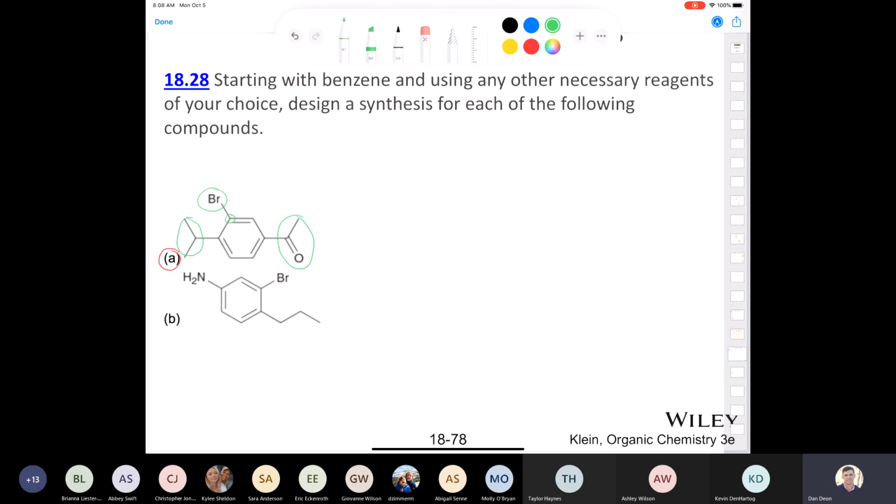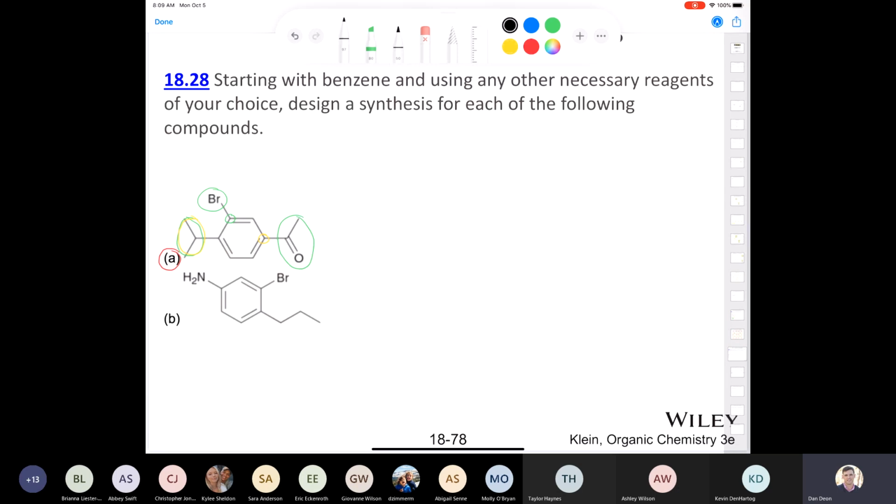Remember that if we were to try to add the acyl group first, which we can do, you can add an acyl group to a benzene ring, that's going to be meta-directing, okay? So that's not going to direct the isopropyl group to the correct position. Whereas if we flip it around, and if we install the isopropyl group first, that is ortho-para-directing, and it's so sterically hindered that it's going to direct the acyl group to that position. Okay, so that's kind of the rationale you want to take here.